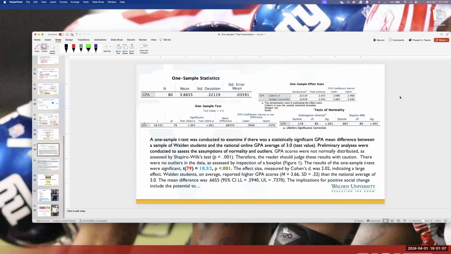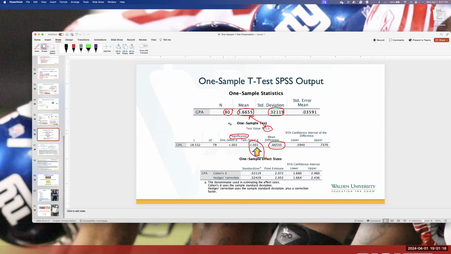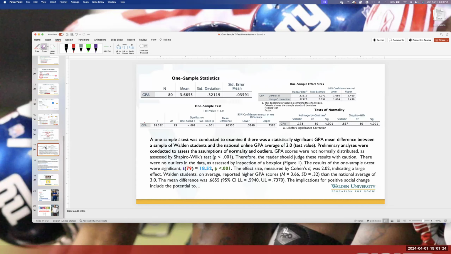Okay. Hey, Reggie, can you do me a favor and go back to the summation slide on the stress between Walden students, the one sample t-test? You had a summation slide, where you actually state the summary of it. Okay, let me take a look at this a second. Is this the stress one? No, it must have been another slide. You summarized the differences in stress between Walden students, and it's not this one.